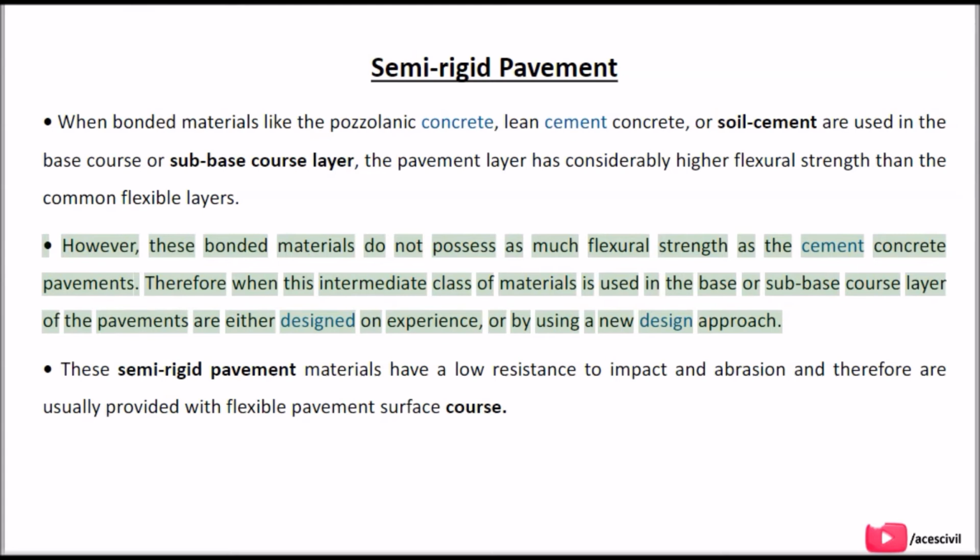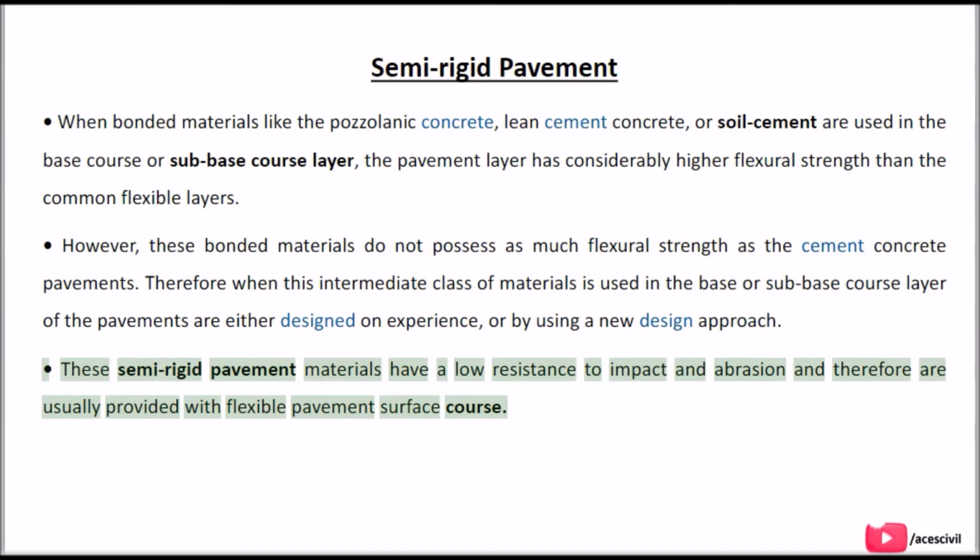Therefore, when this intermediate class of materials is used in the base or sub-base course layer, the pavements are either designed on experience or by using a new design approach. These semi-rigid pavement materials have a low resistance to impact and abrasion and therefore are usually provided with a flexible pavement surface course.